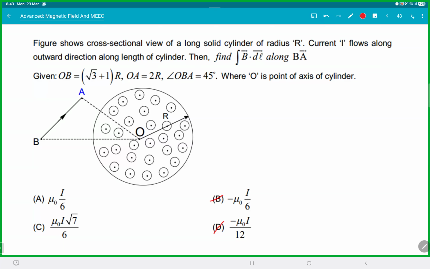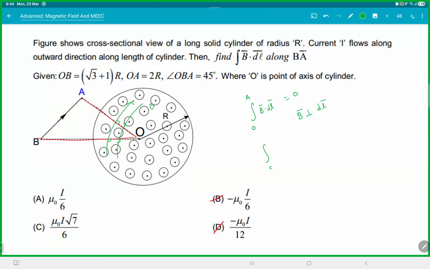So you can actually do this without even knowing the arc stuff. This is how you'll argue. You will say, assume there is an imaginary loop like this. Okay, imagine a loop like this. Now, the magnetic field here will be in which direction? It will be always tangential. That means for these 2 wires, the magnetic field will be perpendicular. So integral B dot dl from O to A is 0 because B is perpendicular to dl.